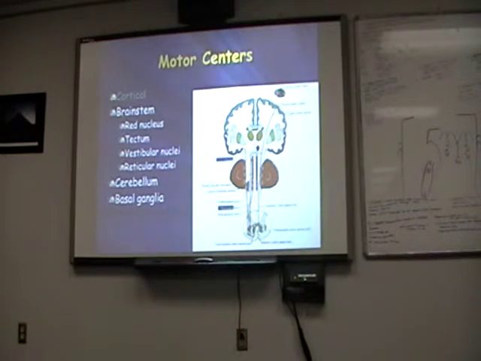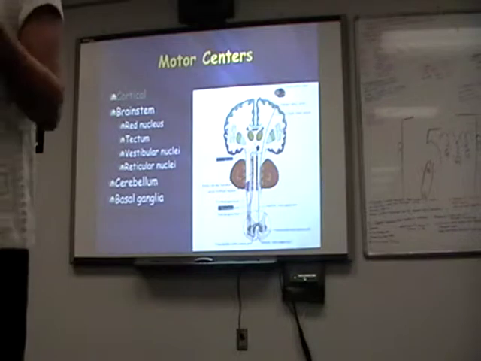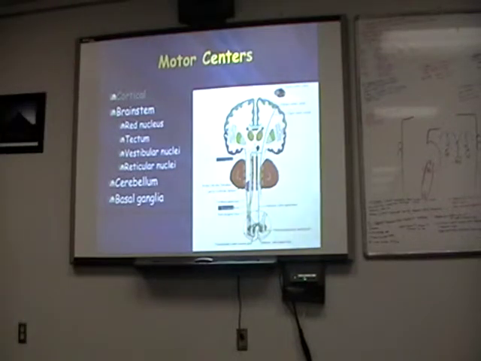And the tectum, we haven't gotten into too much detail, but we have our superior colliculi and our inferior colliculi, which are part of our visual system and auditory system, respectively. Basically, they have a map of visual and auditory space. So when we see something out of the corner of our eye, we get some visual cue, or we hear something like somebody walking in.